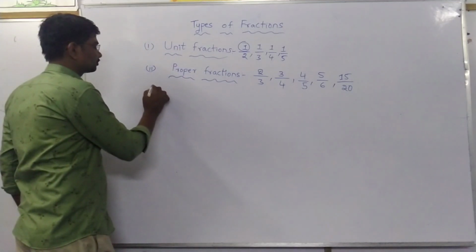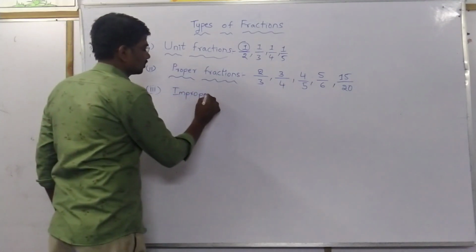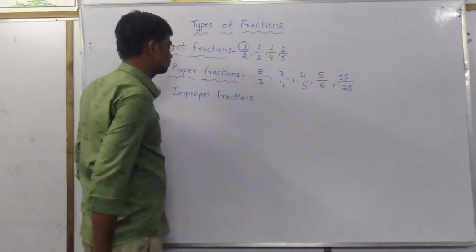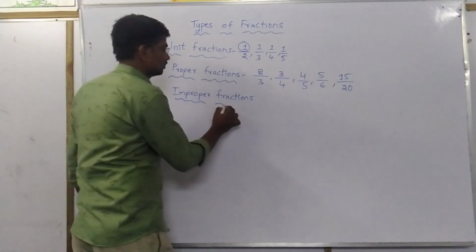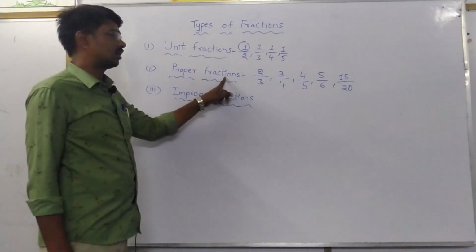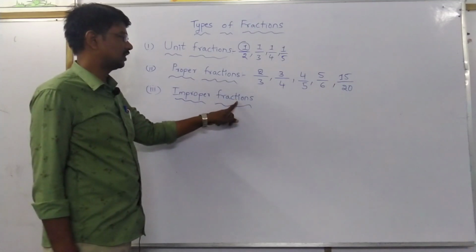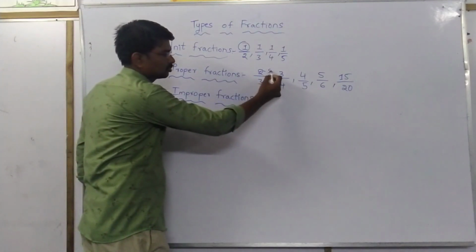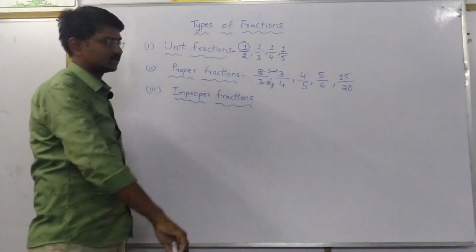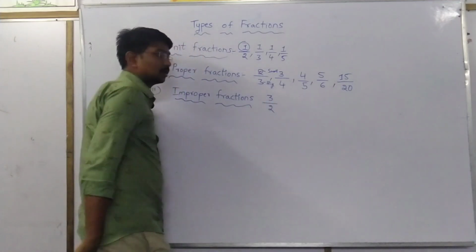Next, improper fractions. If you understand proper fractions, you can automatically understand improper fractions easily. Why? In proper fractions the numerator is small and the denominator is big. Improper fractions are the exact opposite: numerator big, denominator small.